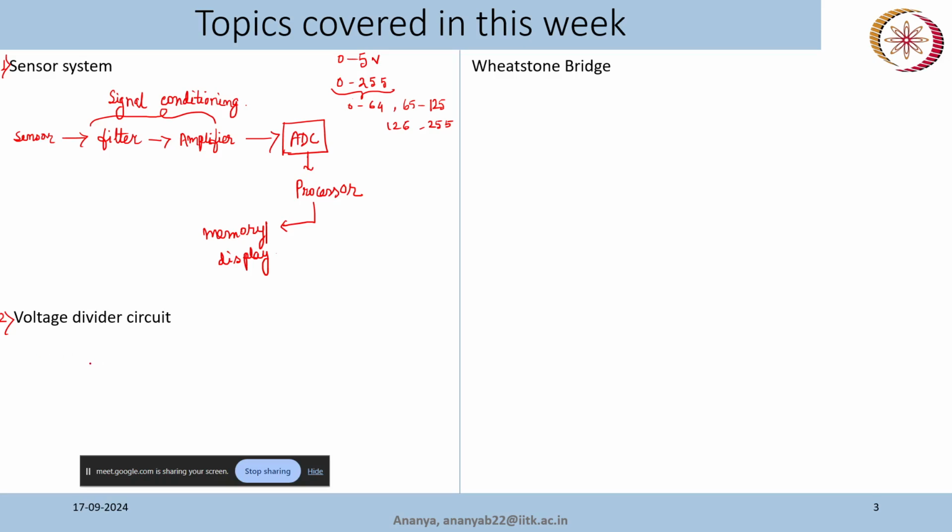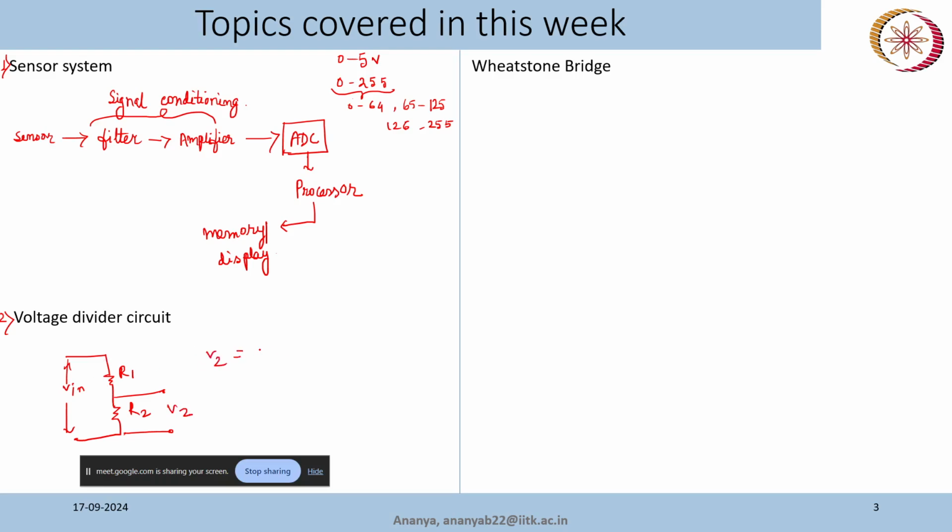So what is a voltage divider circuit? We apply a voltage, say V1 or V in, across these two nodes, and there can be two resistors, or more than two also. This is R1 and R2, and if we measure the voltage across this second resistor, say V2, and the voltage across the first resistor is V1, then what is V2?